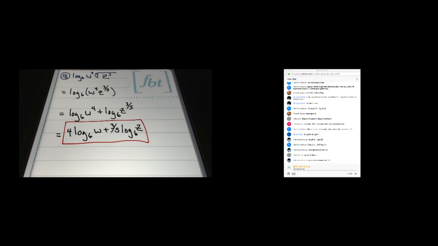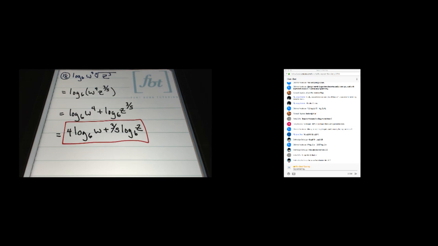Good job, Raul. Just to be clear, when you're writing your answer, put parentheses around that 3/5, because that way it's more accurate. When you're typing out horizontally like that, put parentheses around the 3/5, and then you'll be a-okay. We'll know that it's clearly 3/5 times the log base 6 of z.